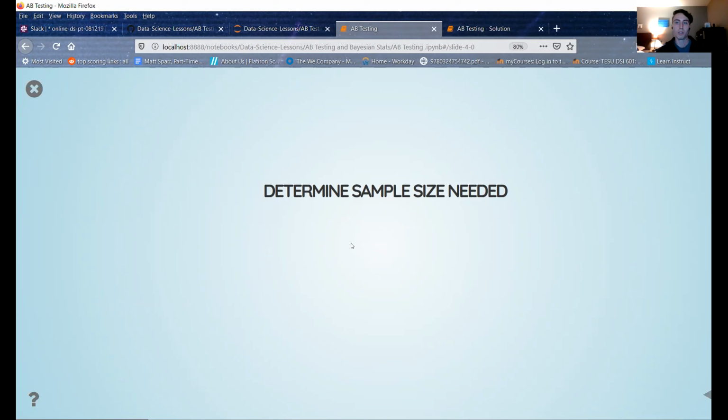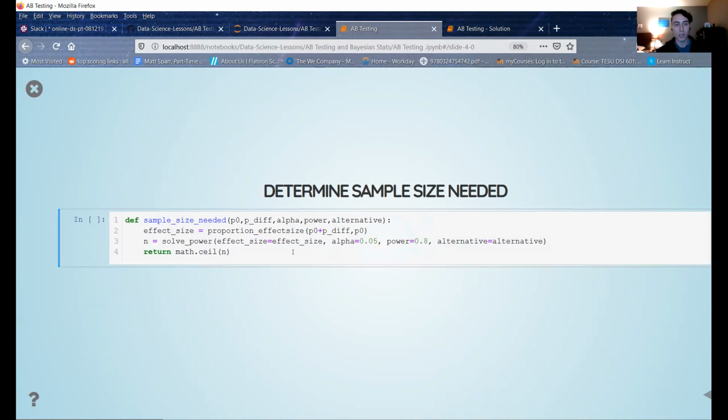the test and then realize that you didn't collect enough samples to be able to accurately say what you're trying to prove. So to calculate sample size, we can use the solve power function from, I believe, statsmodels. So we can first calculate the effect size using this proportion effect size function from statsmodels as well.